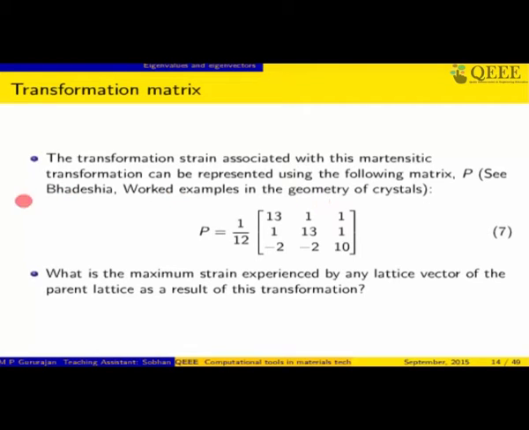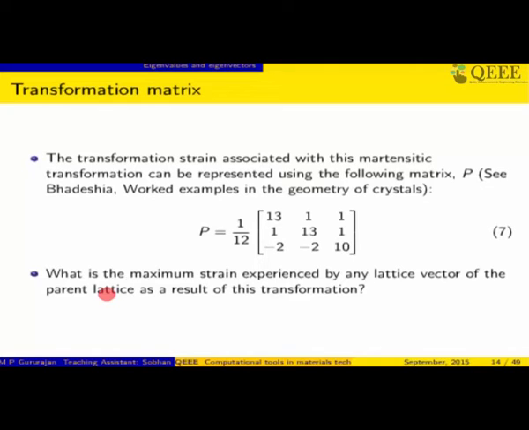Here is the reference. The transformation strain associated with this martensitic transformation can be represented using the matrix P. So we have the matrix P, and we are asked: what is the maximum strain experienced by any lattice vector? Any lattice vector you take, the strain cannot be more than this.